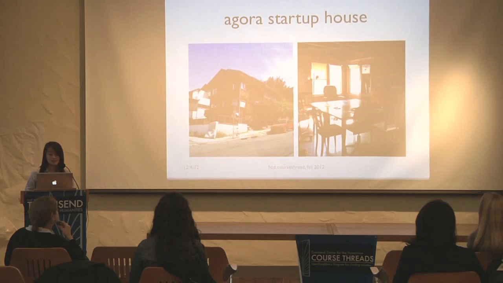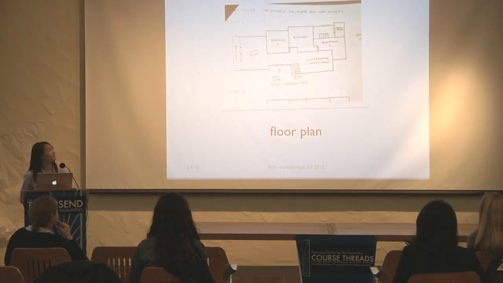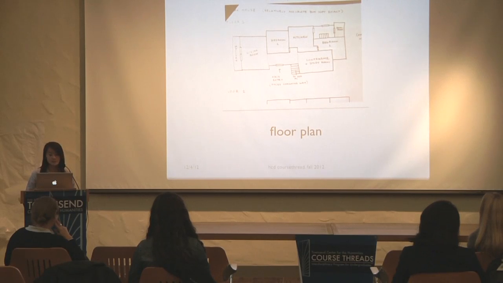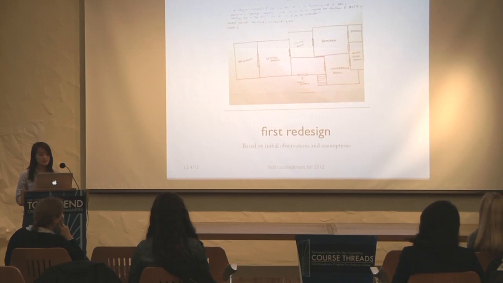So I visited the house, and I drew a floor plan of the first floor. I am not an architect, so it's just kind of a drawing. I focused on the first floor because that's where the common space of the house was. And then I did my first redesign, based on my initial basic observations and assumptions about the house.